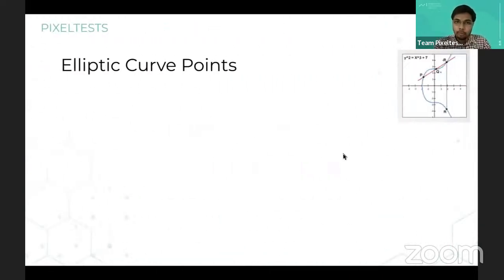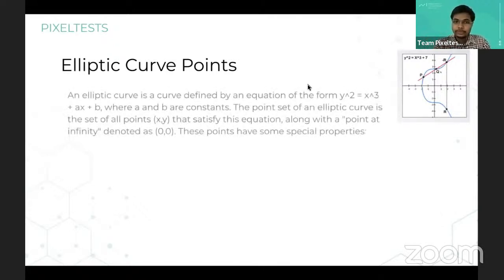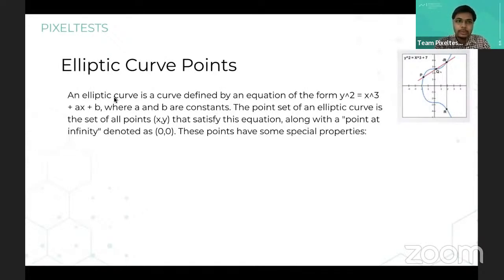Now we are going to learn something about a very unique curve called an elliptic curve, right? Any elliptic curve follows an equation format, which is y square equal to x cube plus ax plus b. There is a special case where a is 0 and b is 7.